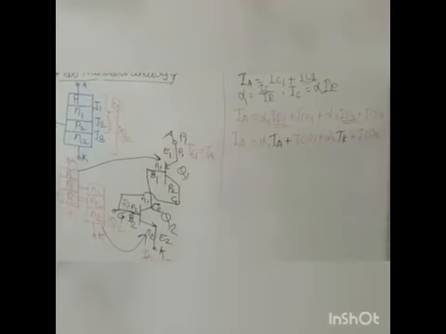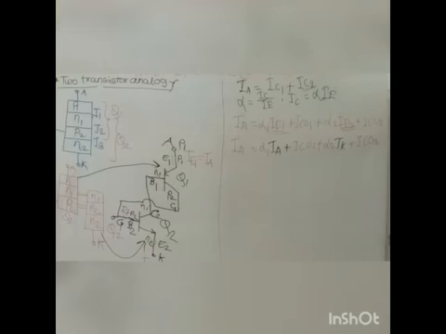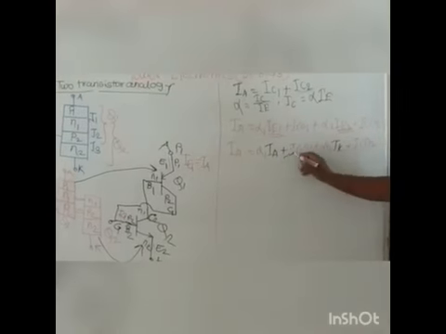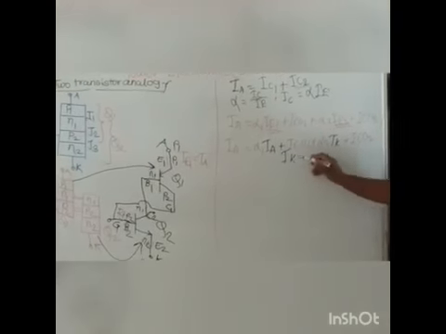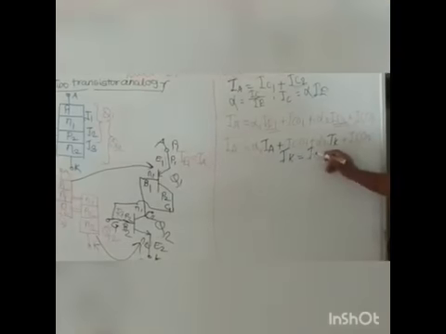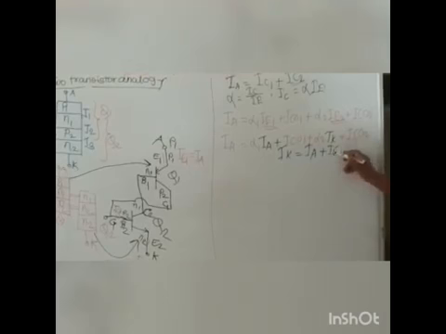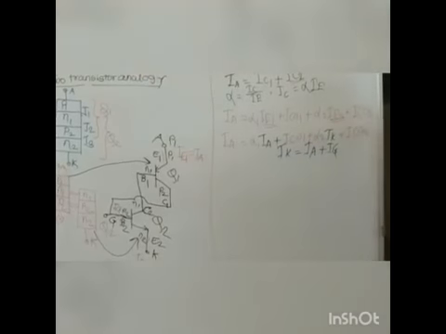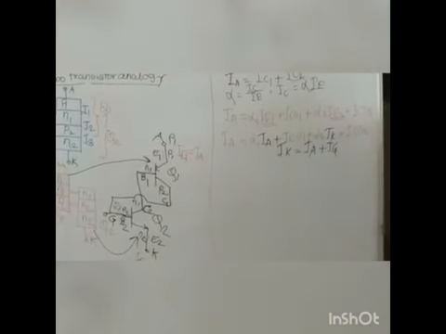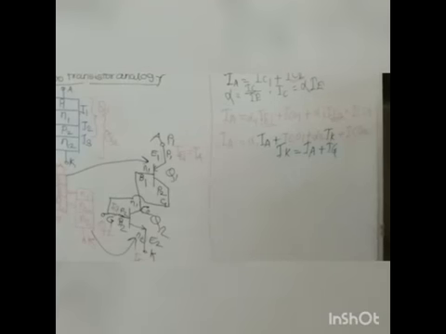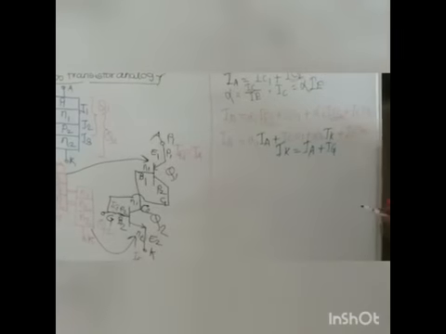Means you can calculate the cathode current: IK is nothing but the anode current plus the gate current. This is the addition of both currents. Now put this value instead of IK. You will get the equation for IA.